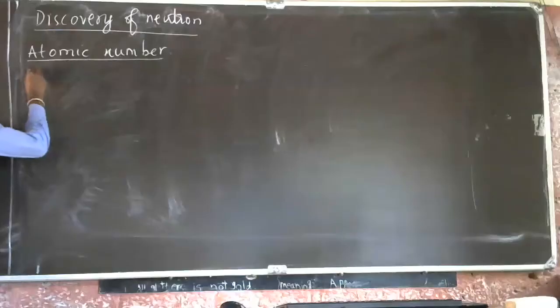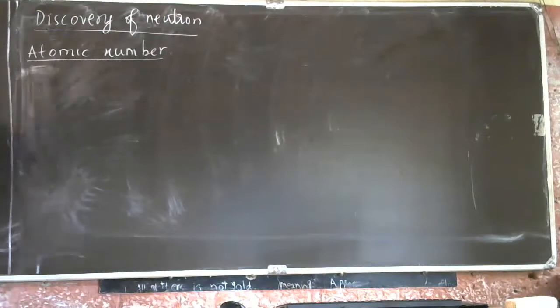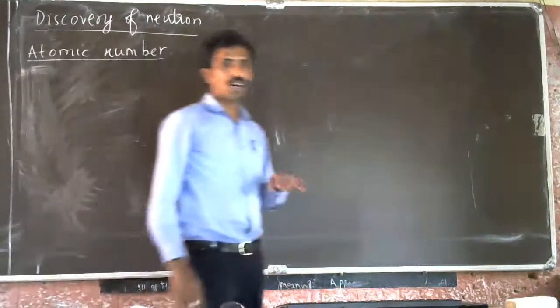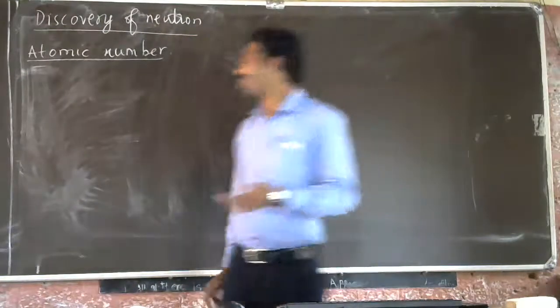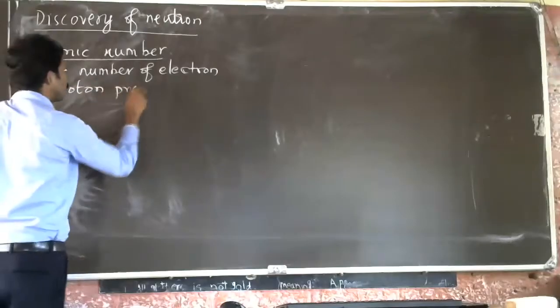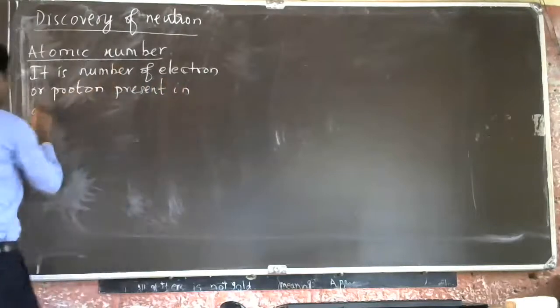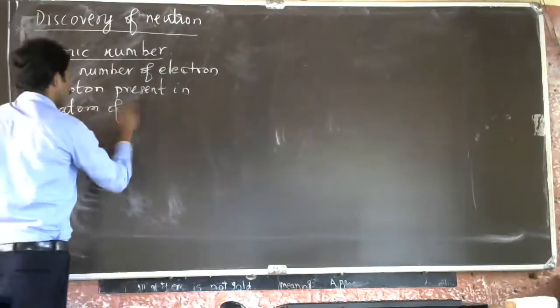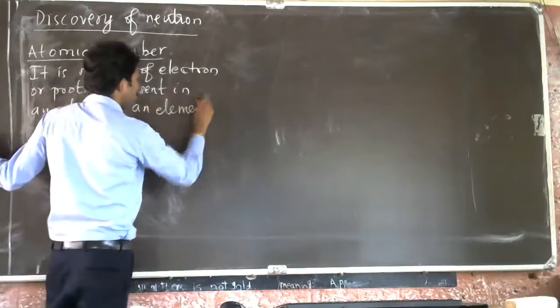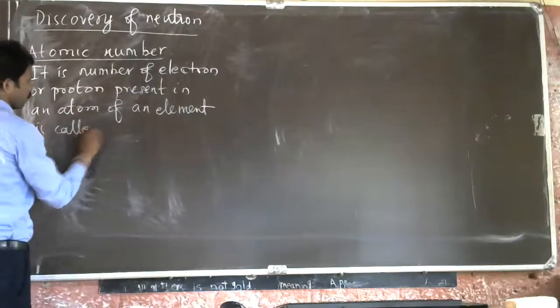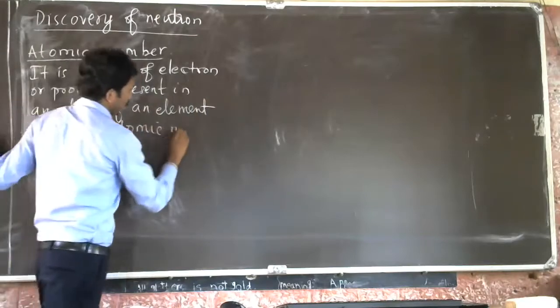So what does atomic number mean? You know it already. Atomic number is the number of electrons or protons present in an atom of an element. I know you know it already.